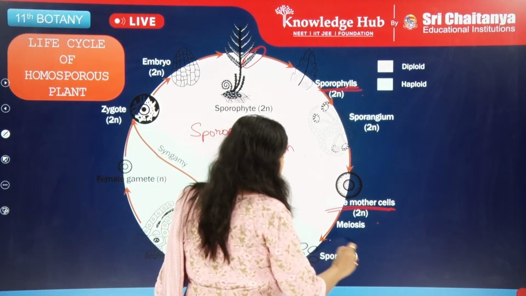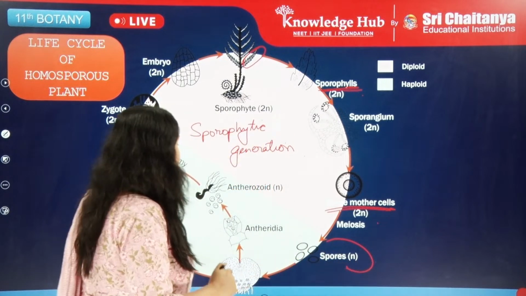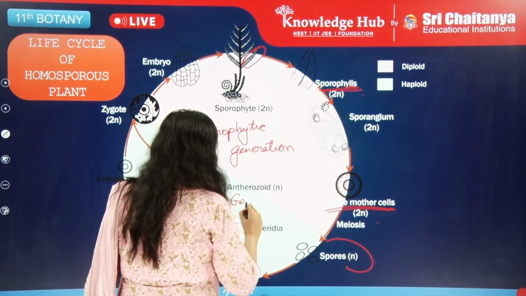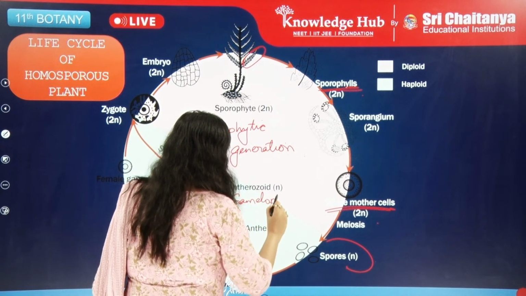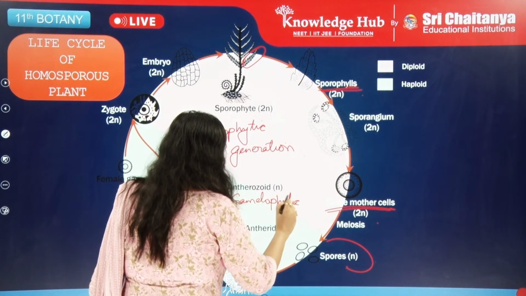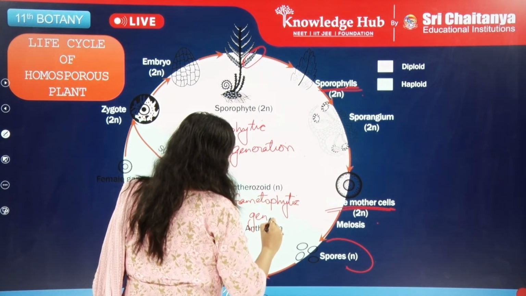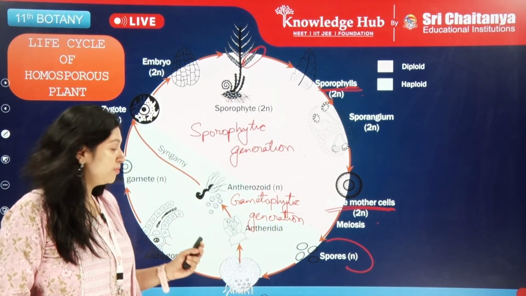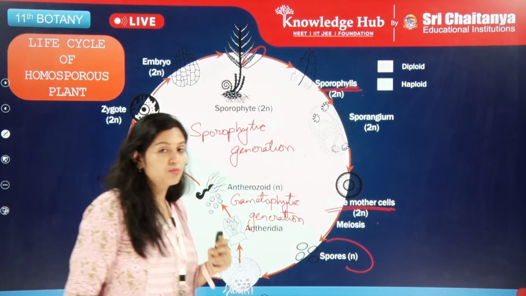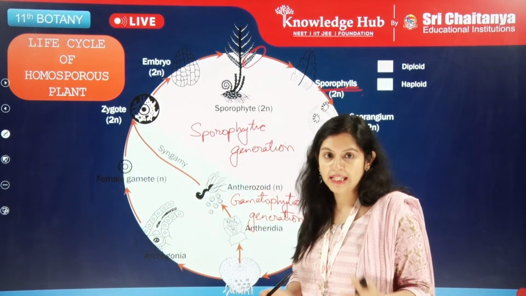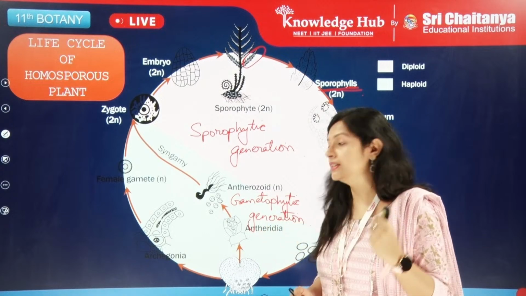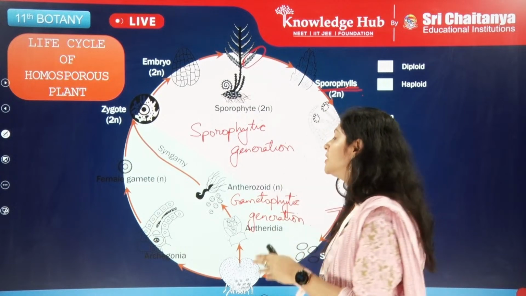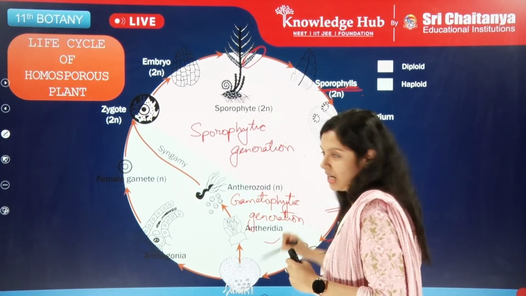Now from spore formation, the haploid life cycle, what we call the gametophytic generation, will start. From the spores, the spores will hatch and mature. They will be converted into the prothallus present here. The prothallus will have the antheridia.